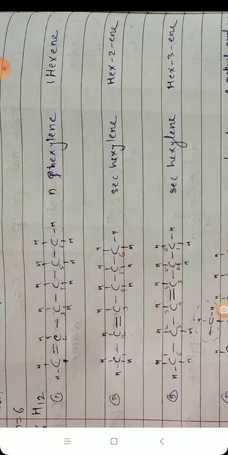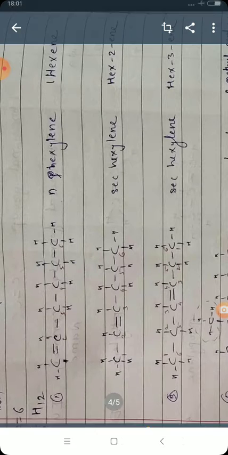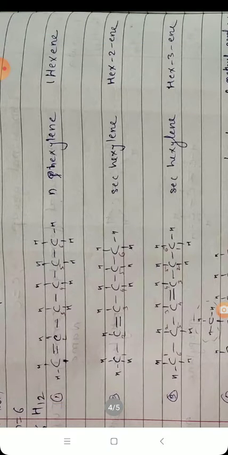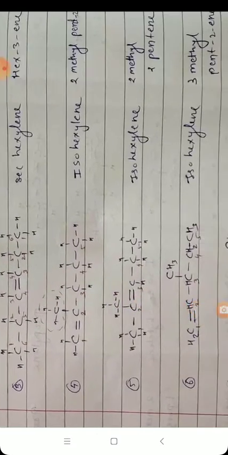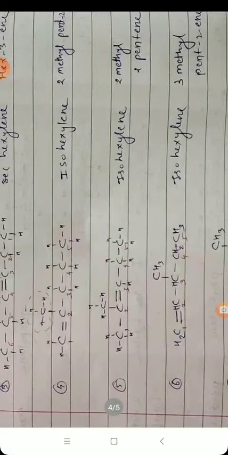See, first 1-hexene, second 2-hexene, and third 3-hexene. These three are positional isomers of each other. In all these three examples, the position of carbon is the same, but the functional group position gets changed, so they are considered positional isomers.